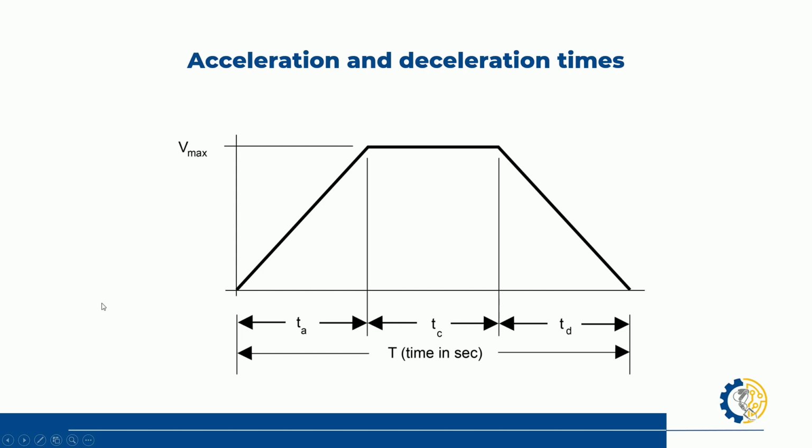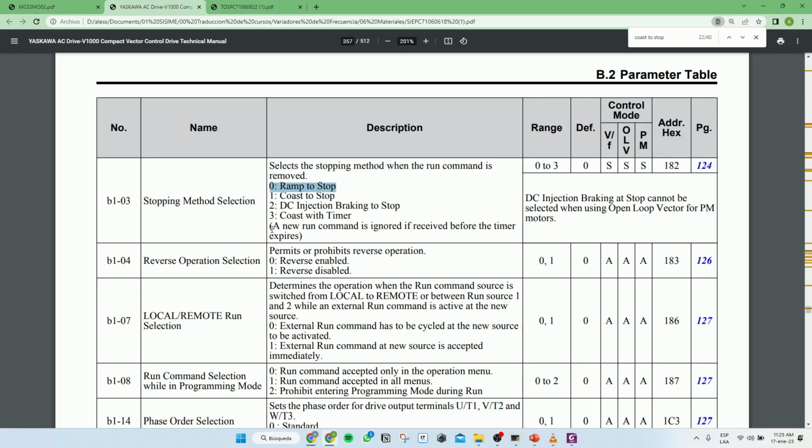Our motor should listen to the established time set within our drive in the deceleration part. That's the only thing. Remember, if it's for ramp, that's going to listen to the deceleration time that we tell the drive. So ramp to stop listens to the deceleration.